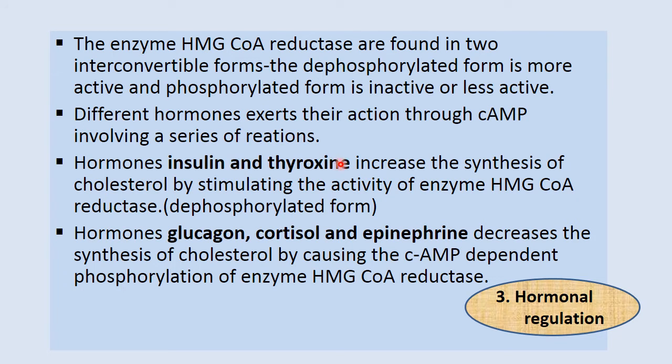The hormones insulin and thyroxine increase the synthesis of cholesterol by stimulating the activity of HMG coenzyme A reductase. But glucagon, cortisol and epinephrine decrease the synthesis of cholesterol by causing cyclic AMP dependent phosphorylation of the enzyme HMG coenzyme A reductase.